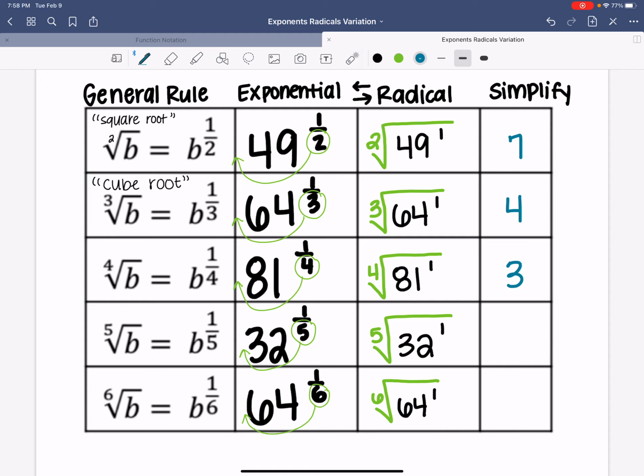Now for 32. That's a relatively small number, so let's try 2 again. 2 times 2 times 2, 5 times. So that's 4 times 4 times 2. So 16 times 2 gives us 32. So 2 is the fifth root of 32.